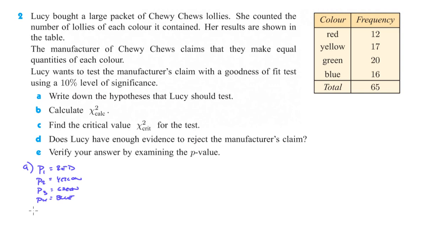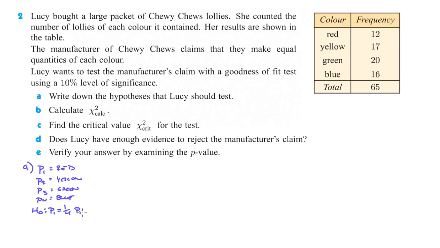hypotheses, right? So with that, we will say H0, our null hypothesis, will be that the probability of each of these should be, since there's 4 of them, a quarter, right? So probability of 1 should equal 1/4.